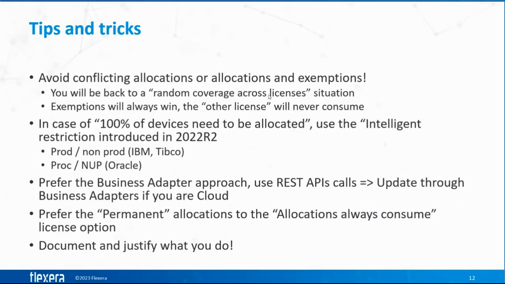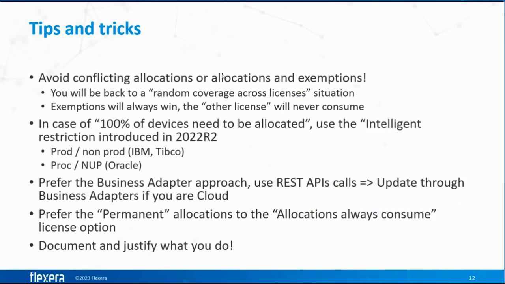And same thing, which is even more complicated, never use exemptions on one side and allocations on the other. I've seen customers for the prod, non-prod license situation, for IBM, for instance, for DataStage, they were exempting the production servers from the non-production license to say don't consume. They were allocating the production servers to the production license.